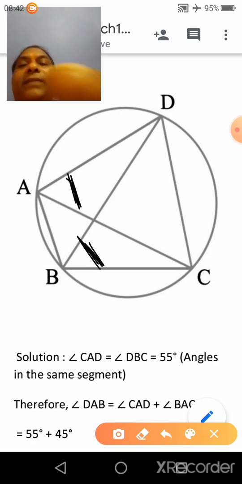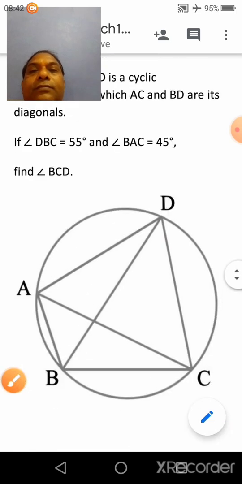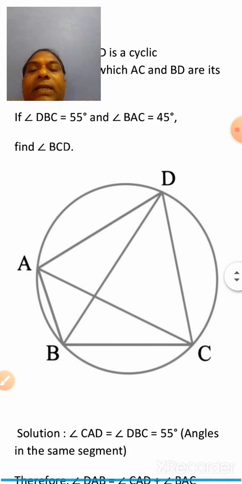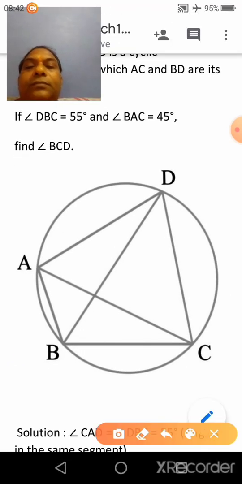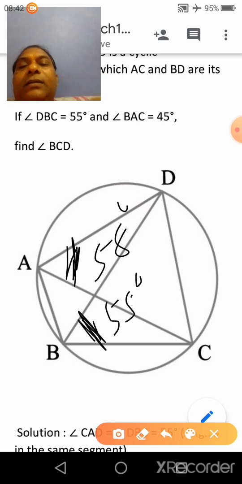Angles in the same segment, so it will be equal to 55 degrees because angle DBC is equal to 55 degrees, given. Angle DBC is 55, so angle CAD will be 55. Angles in the same segment. Clear?